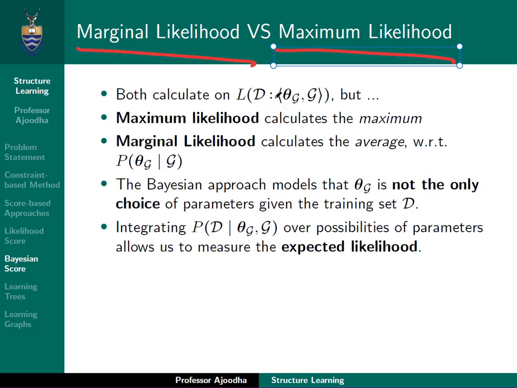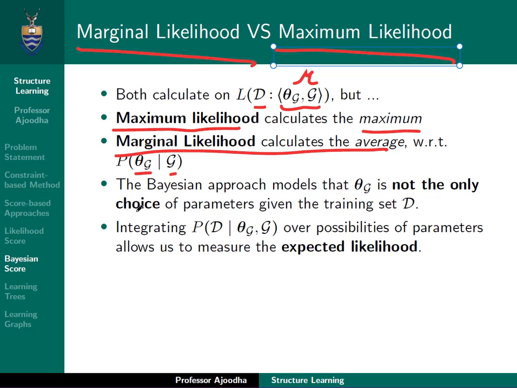Both of them are calculating the likelihood of the data relative to the model, but maximum likelihood calculates the maximum: it's the parameter value that makes the data as likely as possible. On the other hand, the marginal likelihood calculates the average parameter value with respect to the model.